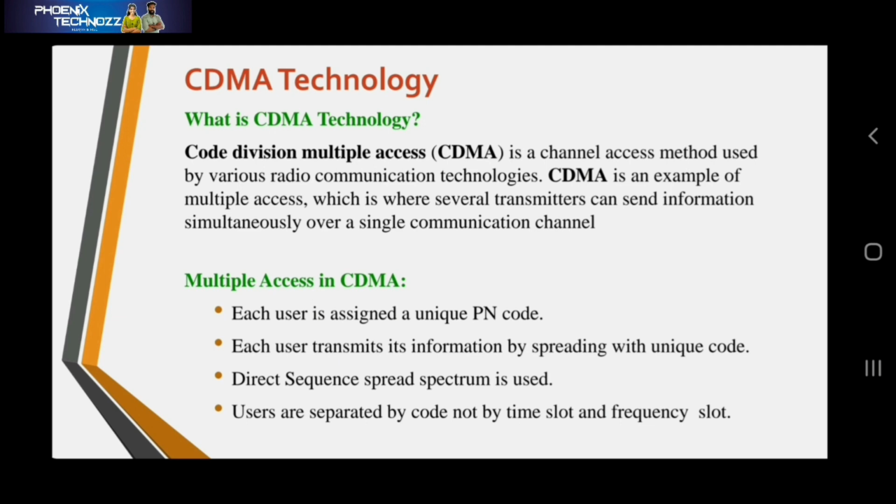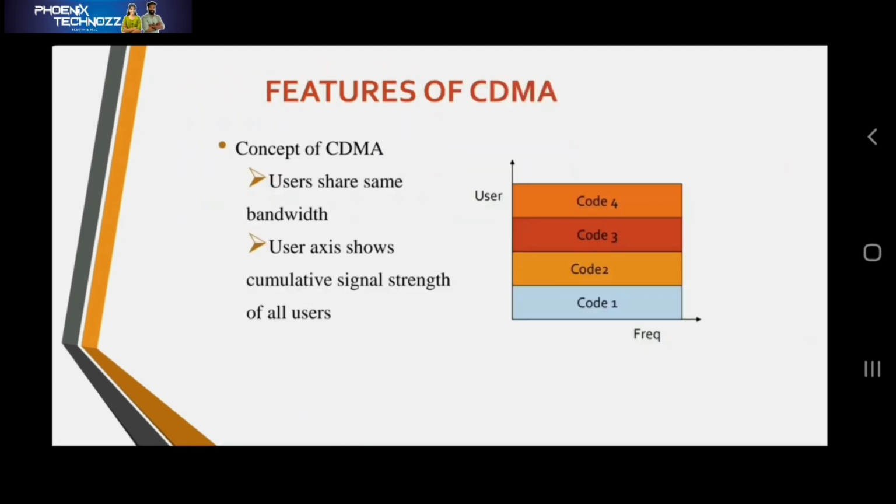For spreading the code, we can use either direct sequence spread spectrum, that is DSSS, or frequency hopped spread spectrum. Next, we'll see the features of CDMA technology and how it works. CDMA is a spread spectrum technique which allows many users to occupy the same time and frequency allocation, but with different orthogonal codes.